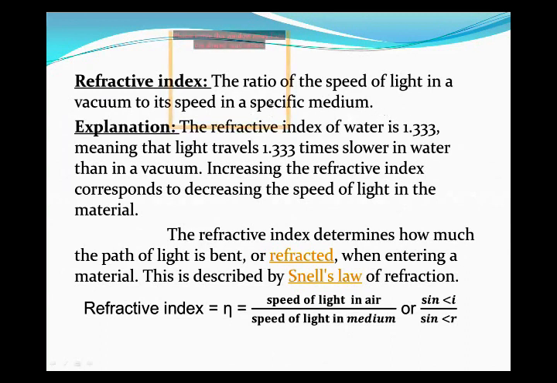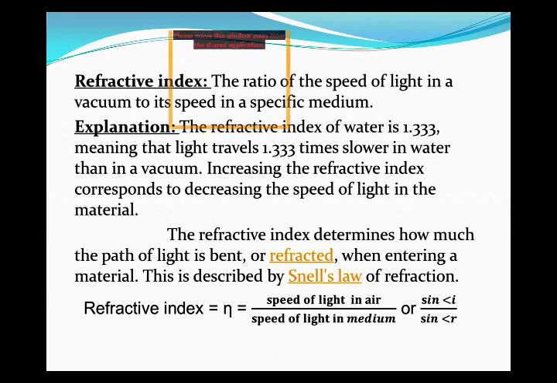If we observe that the refractive index of water is 1.333, it means that light travels 1.333 times slower in water than in a vacuum. Increasing the refractive index corresponds to decreasing the speed of light in the material.